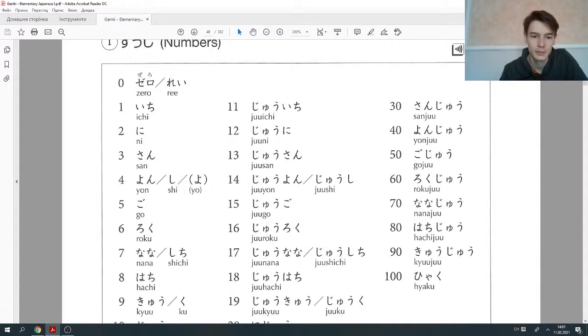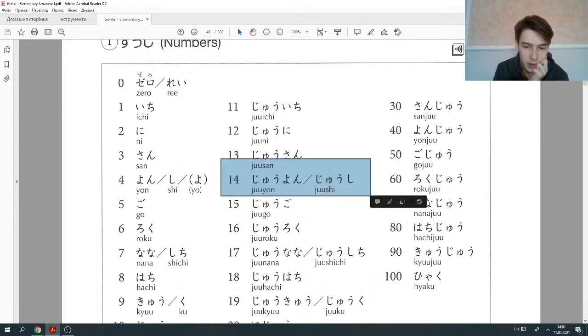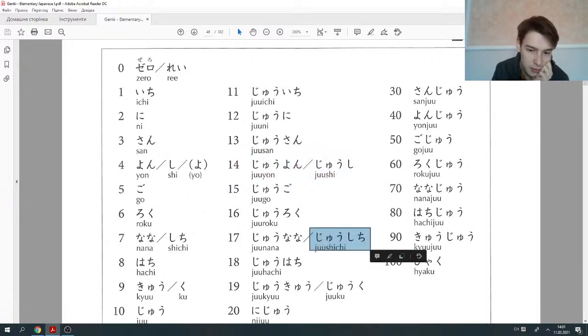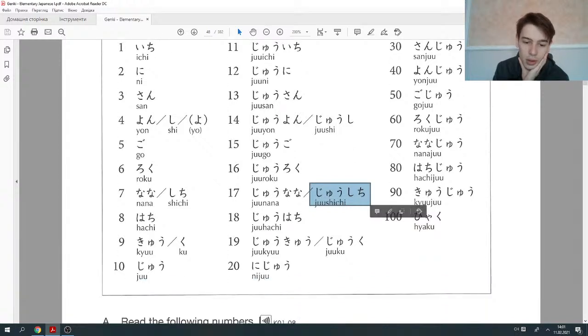Juichi, juni, so you just add ju plus ichi: juichi, juni, jusan, juyon, and you can say jushi. I like juyon more. Maybe there's a difference, and probably there is. Jugo, juroku, junana, and jushichi. I probably understand what the difference is, probably if it's minutes or hours, something like that. Juhachi, jukyu, niju.